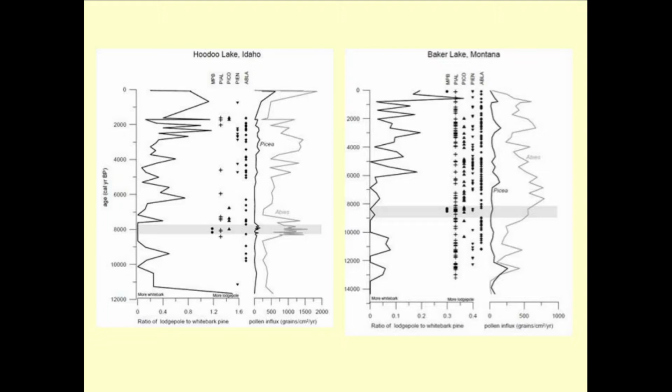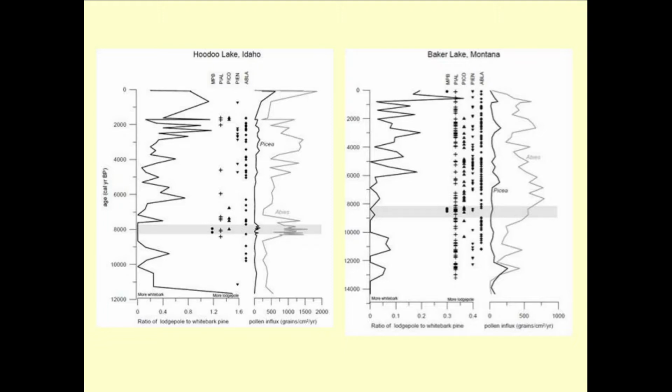pollen influx. And if you look over on the right diagram, the Baker Lake diagram, you can see that by looking at pollen influx, which is actually providing a measure of the grains per centimeter squared landing on the surface of the lake per year, you can see that Abies is actually a lot more abundant following this occurrence of mountain pine beetle.